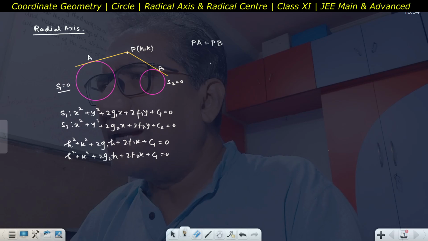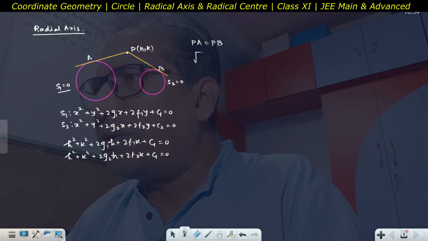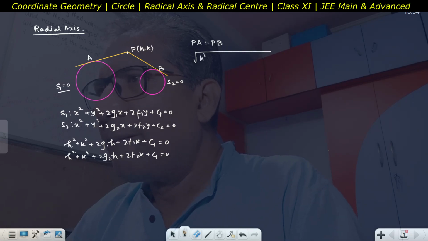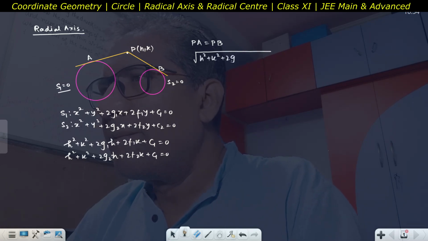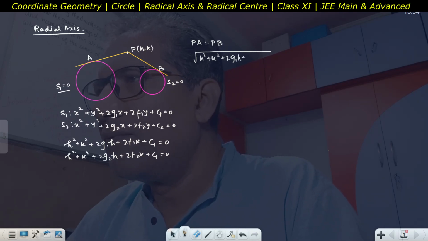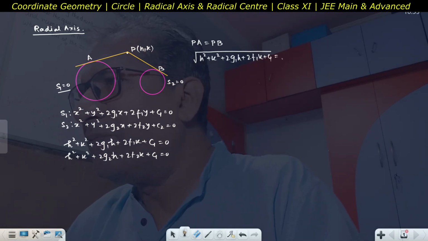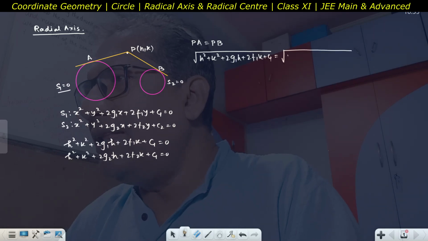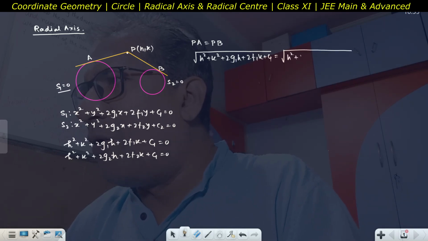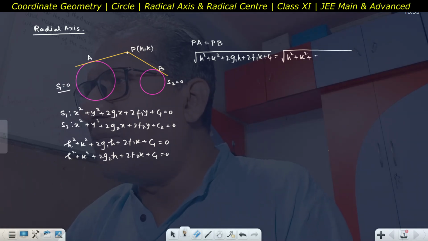Now we all know that the length of the tangent is the square root of the power of the point. This is the length of the tangent for the circle S1 equals to 0 drawn from the point P. And the length of the tangent drawn from point P on the circle S2 equals to 0 is given by the square root of its power.